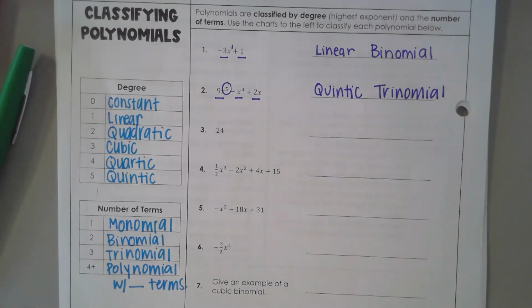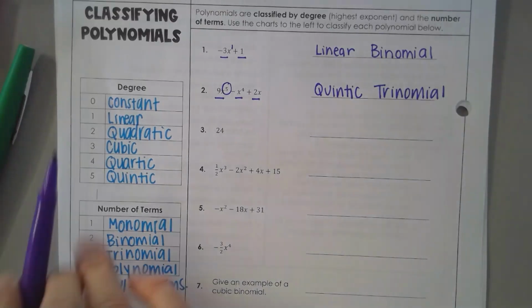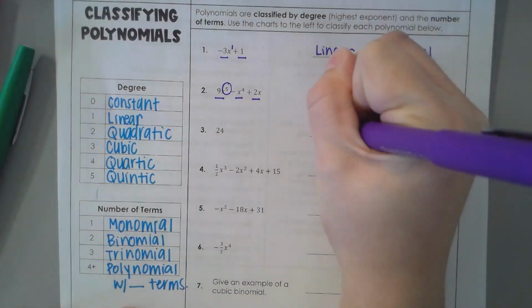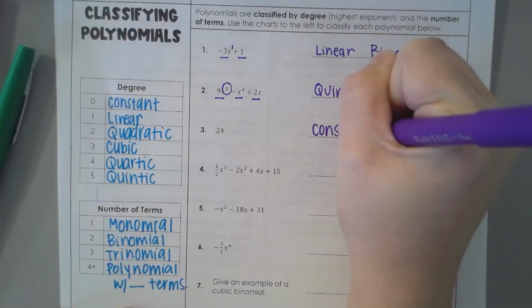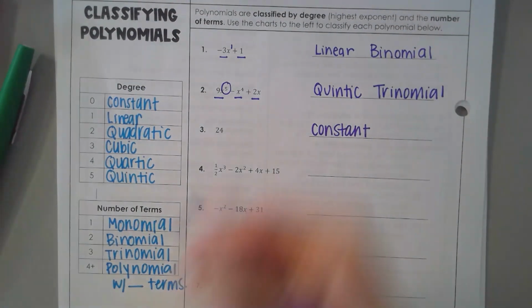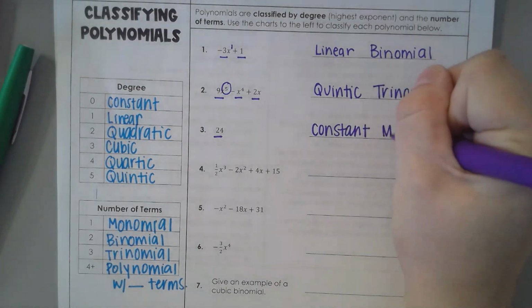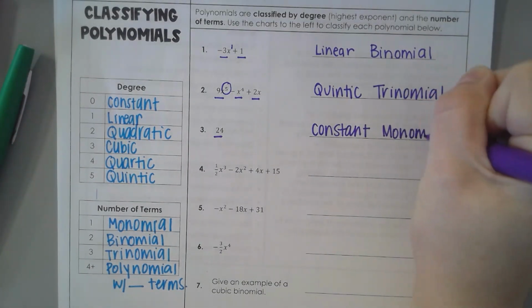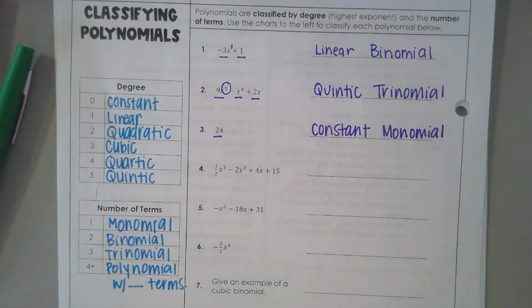Number 3, what's the degree? 0. There's no x at all. It has a degree of 0, which means that it is a constant. And how many terms? Just 1. Monomial.